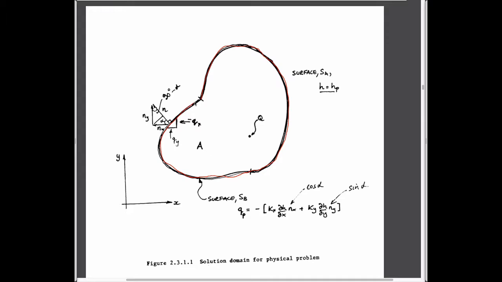It's always this curved shape. It has an area, which is a two-dimensional problem. It was a three-dimensional problem, it had a volume, but now it has an area. And it has a surface that can be divided into two parts. One is the surface where the head is prescribed, and the other is a surface where flux is prescribed.